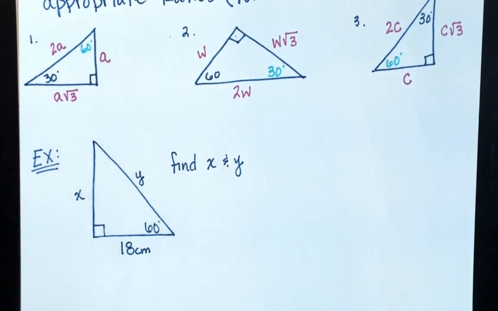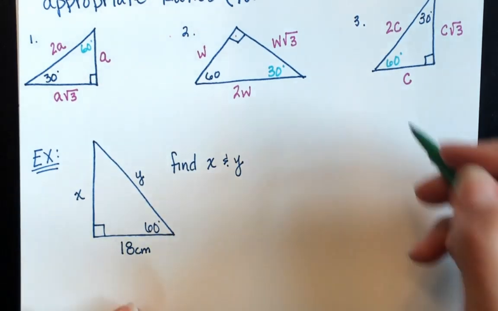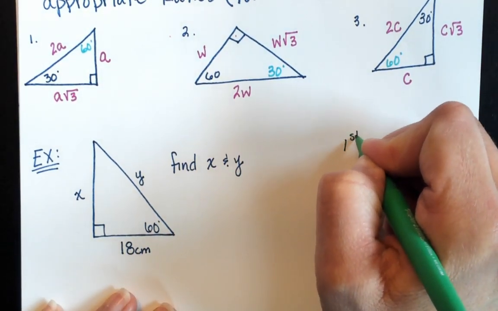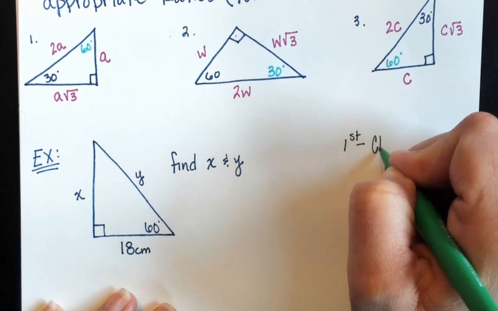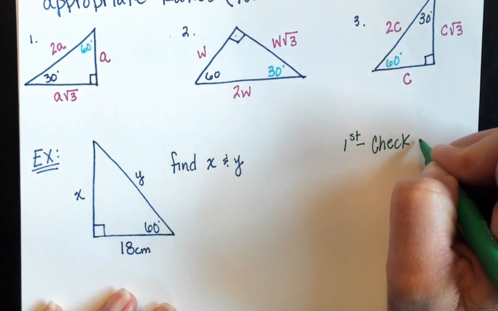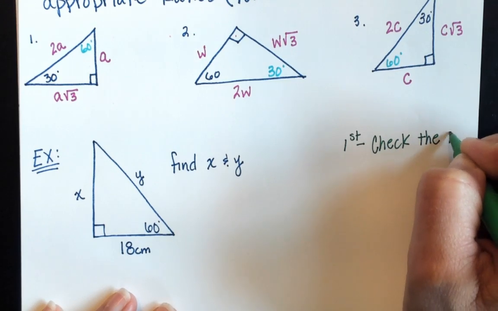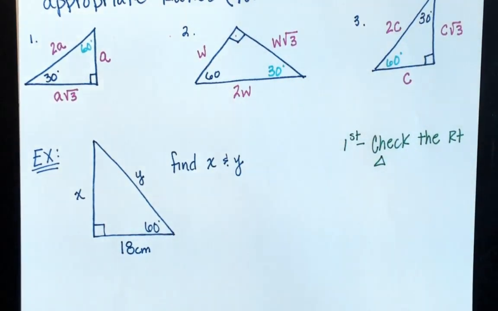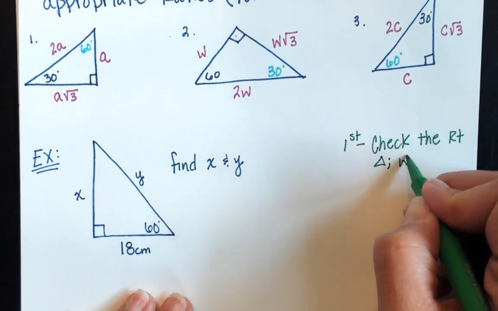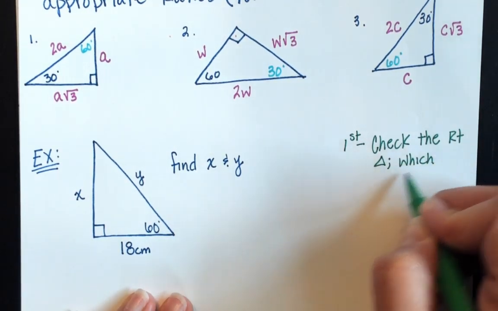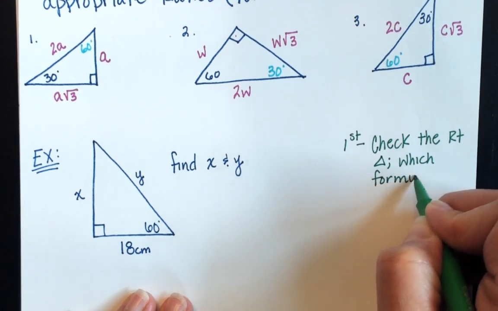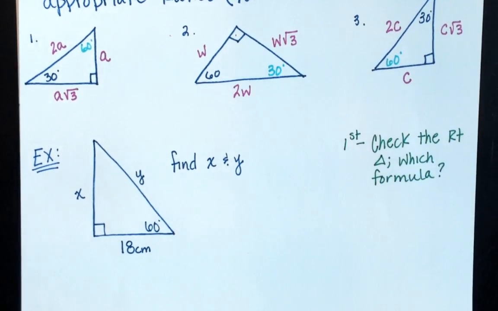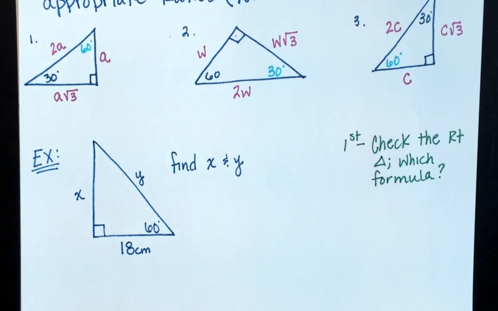First thing, check what kind of triangle we're working with. Check your right triangle. Which formula? And by that, it could be, is it 45, 45, 90? Is it 30, 60, 90?